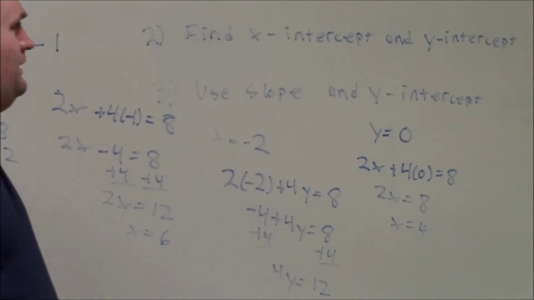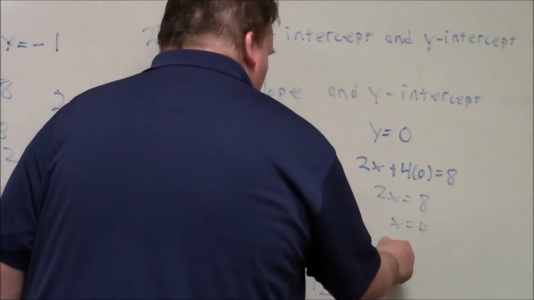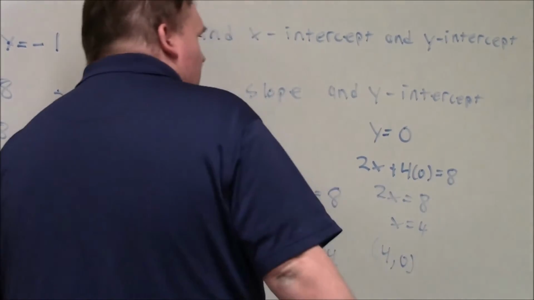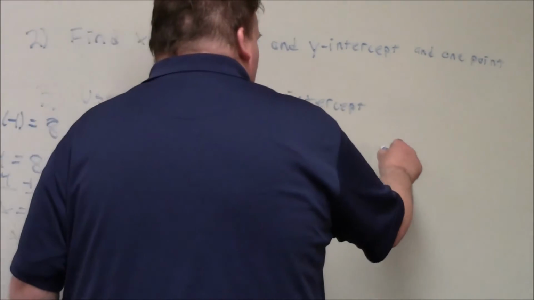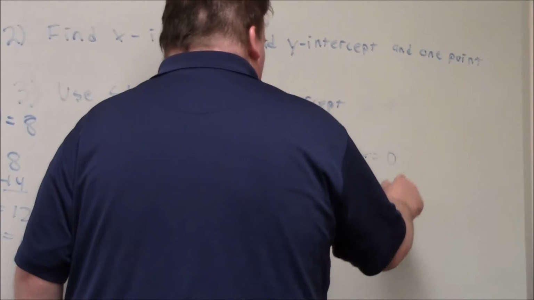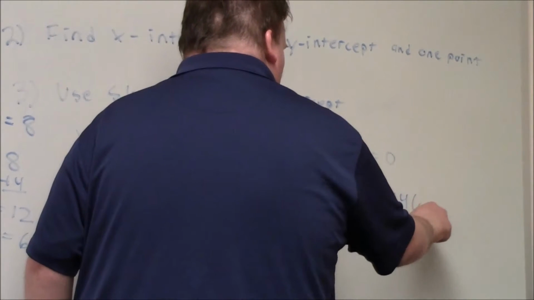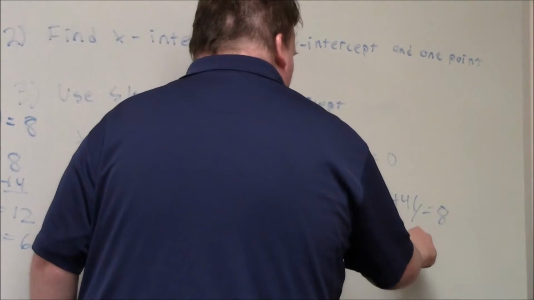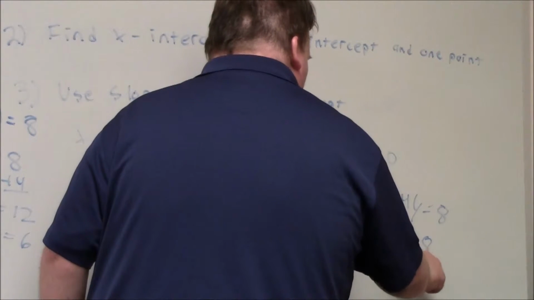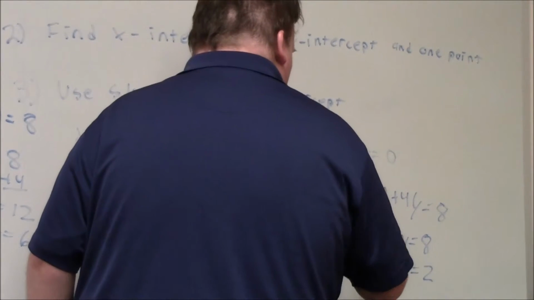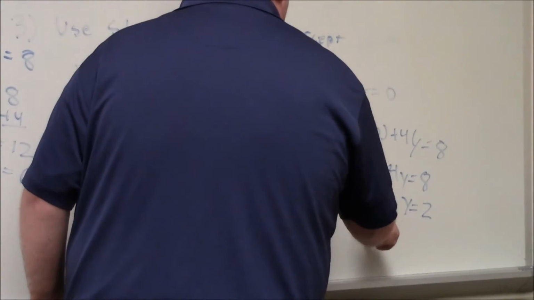So my x-intercept is (4, 0). And my y-intercept would be x equals 0. So I have 2 times 0 plus 4y equals 8. 4y equals 8, y equals 2. So my other point would be (0, 2).